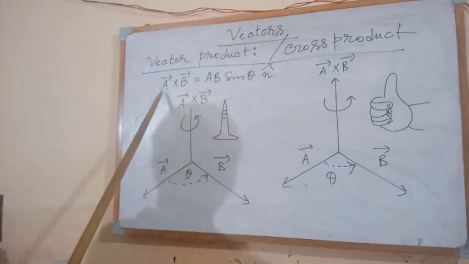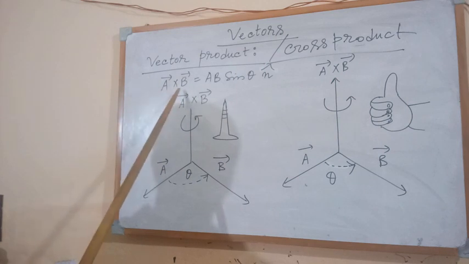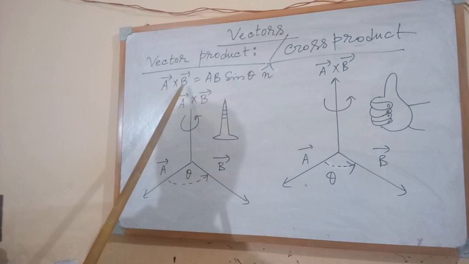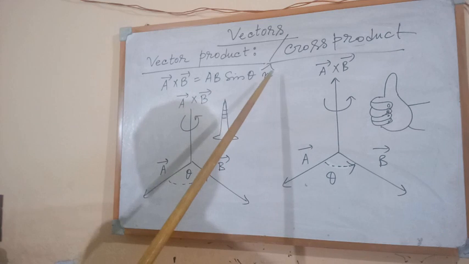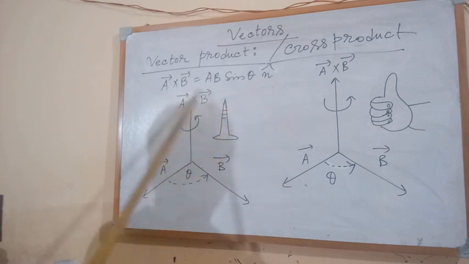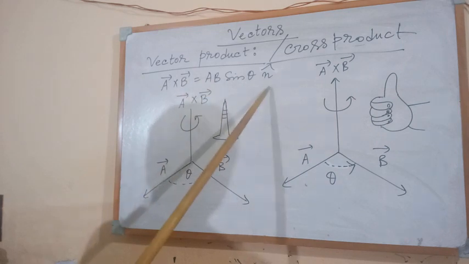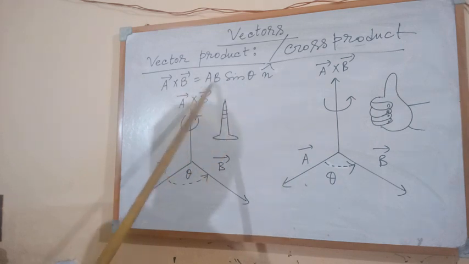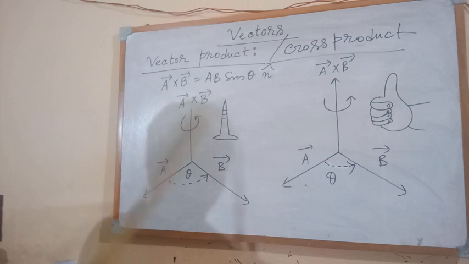Since A vector cross B vector is a vector having magnitude as well as direction, that's why a unit vector n cap is taken, which is directed in the same direction as A vector cross B vector. Without n cap, AB sin theta is the magnitude. This indicates only the magnitude of A vector cross B vector.